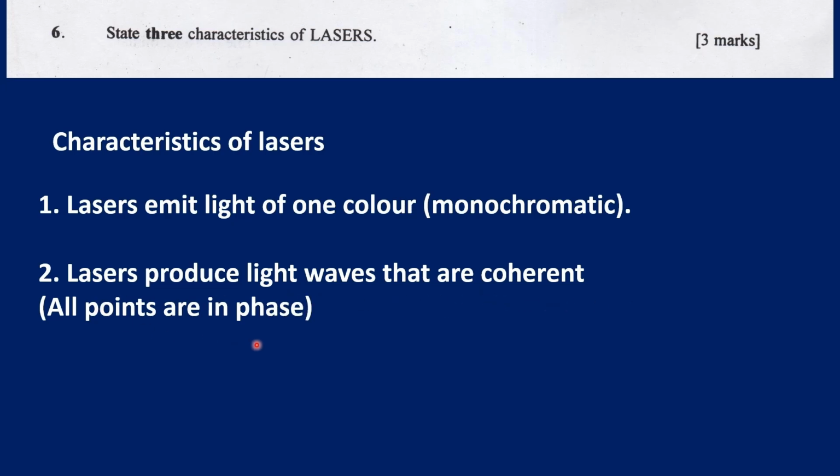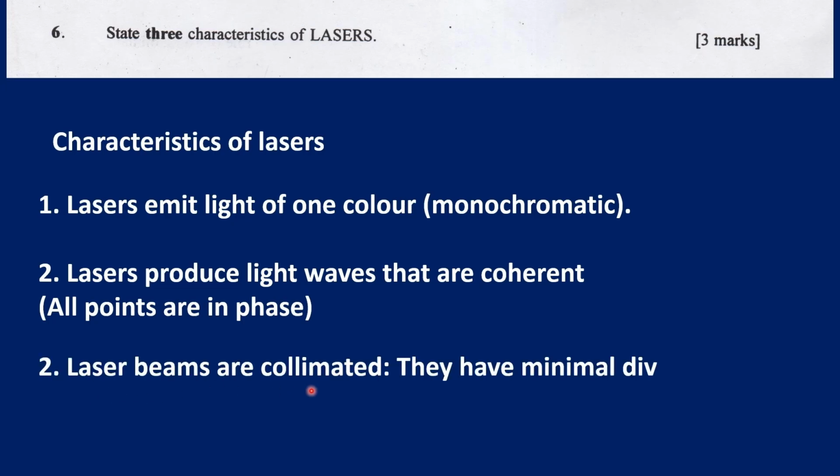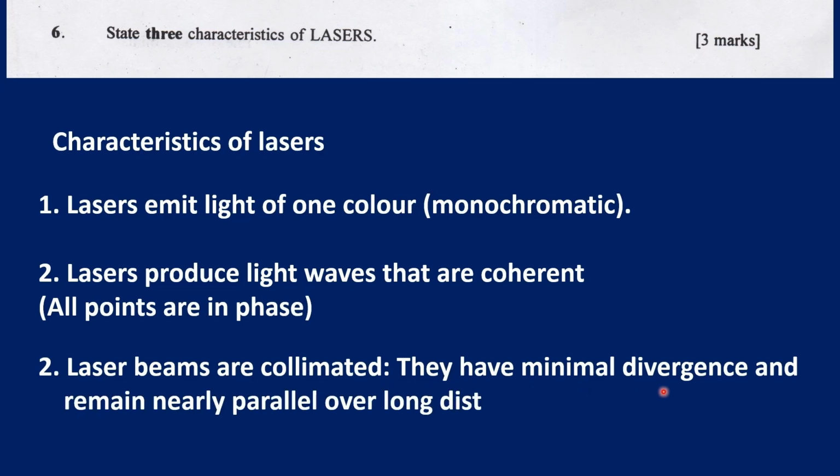That is, all points are in phase. Laser beams are collimated, that is, they have minimal divergence and remain nearly parallel over long distances. So these are three characteristics of lasers.